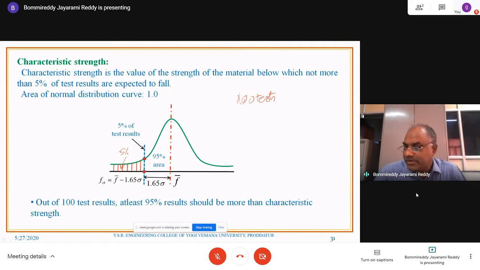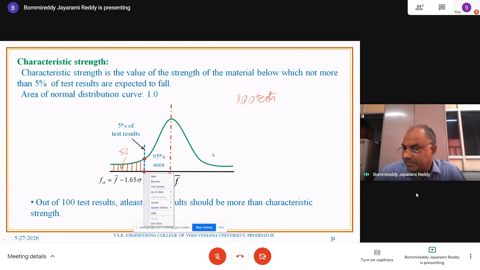And all the remaining strength values must be above that, then only this value is called the characteristic strength of concrete. So already I told you while drawing the diagram, these vertical ordinates are the compressive strengths, and this is the mean strength, and this is the characteristic strength.